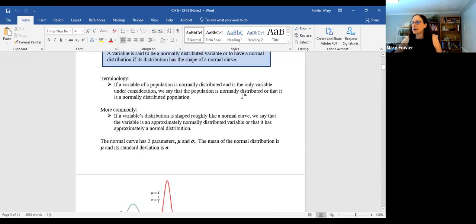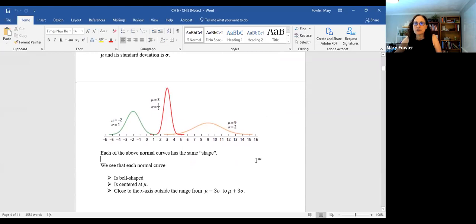We have a few more curves here that are worth chatting about. The green curve has a mean of -2 and a standard deviation of 1. If I count over 3 in each direction, that green curve should be up against the horizontal axis, and it is. We go to -5, and it is.